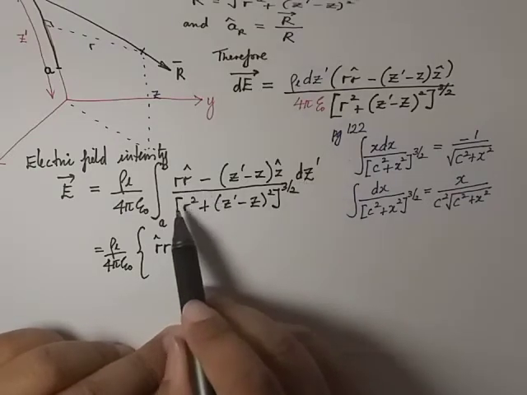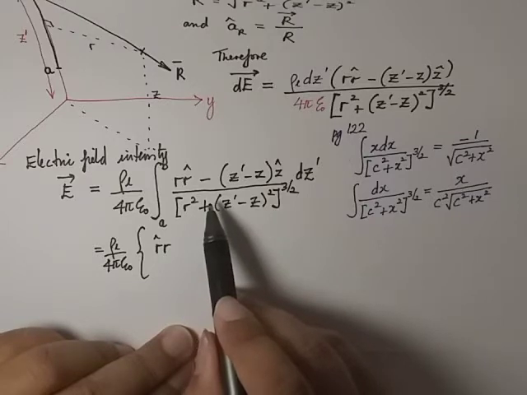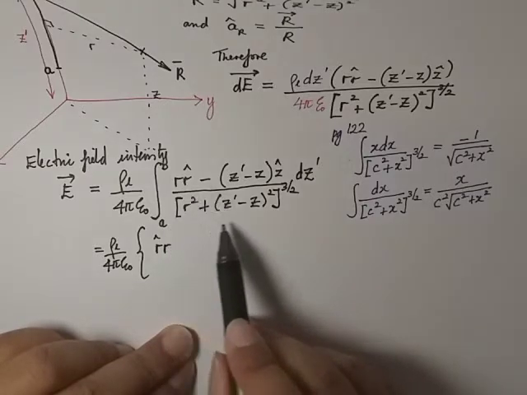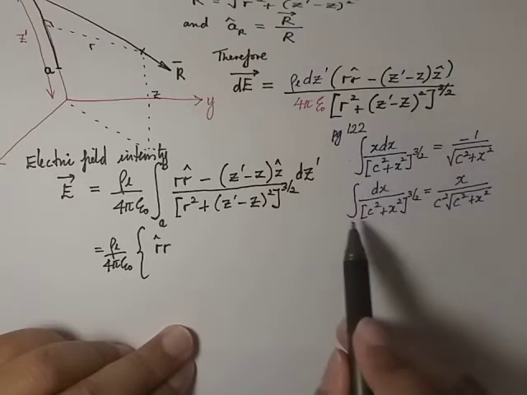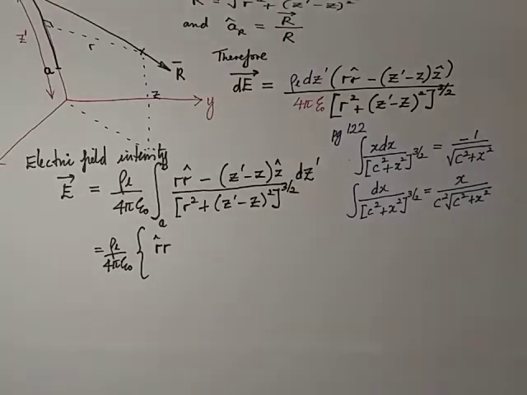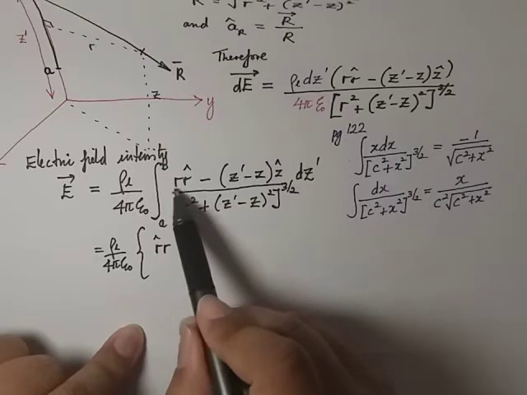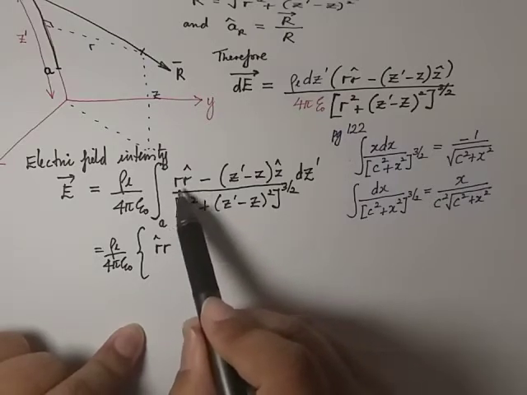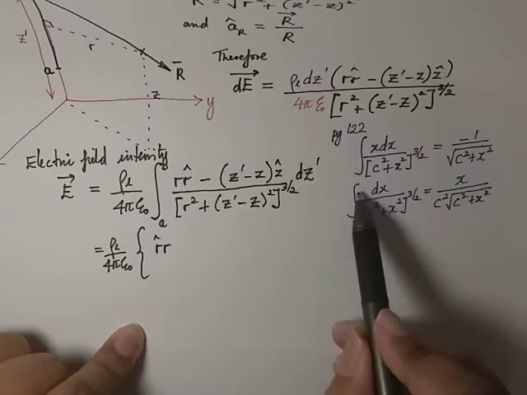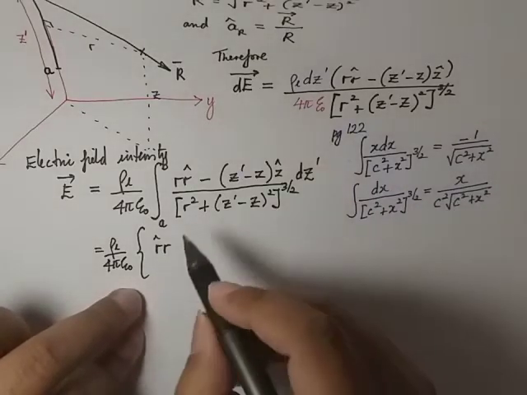Which particular equation does it agree with? The R term will agree with this particular equation. Do we agree on that? Let's look carefully, because there's no Z term on the upper part of the mathematics, and no X term here, so I'm going to choose this as my agreed solution.